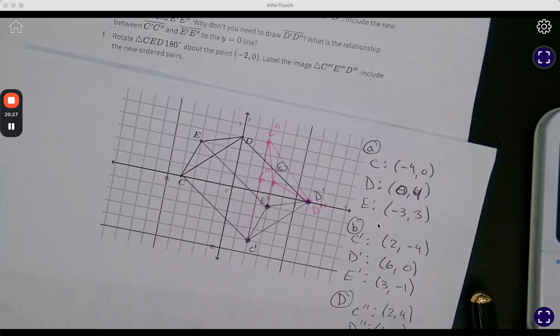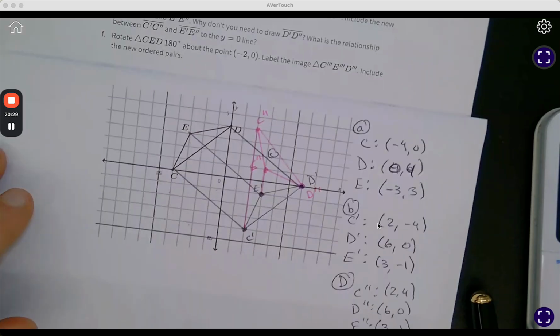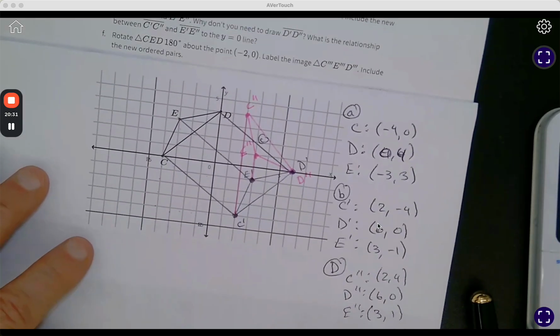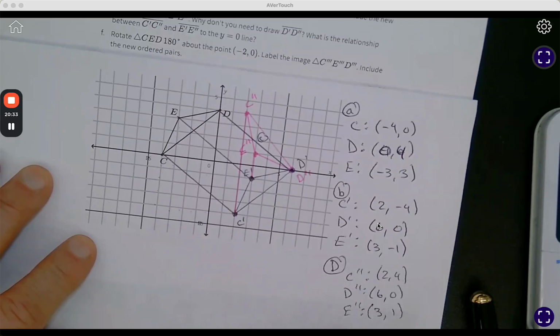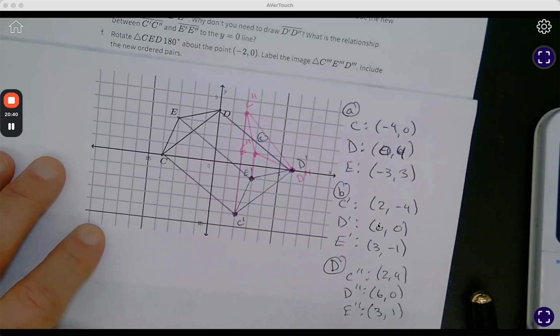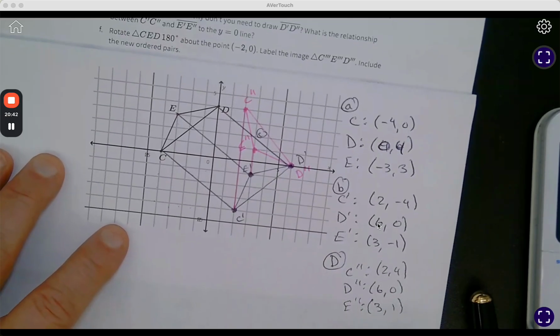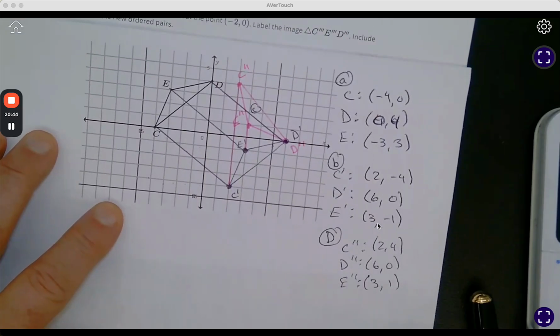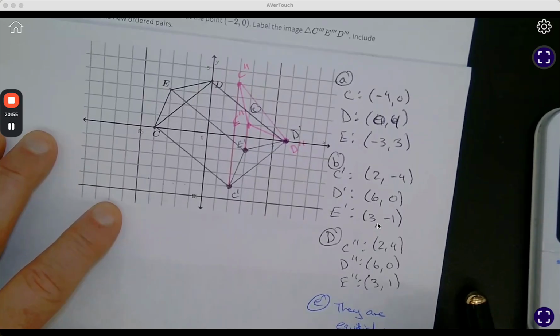All right, this is now part E. What is the relationship between C, C prime, E, and E prime to the y equals 0 line? They are equal distance from the y equals 0 line.